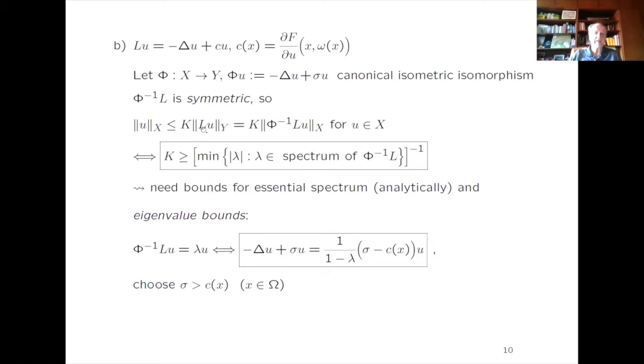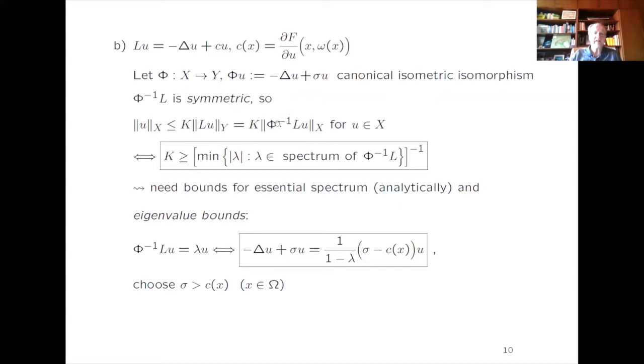transform our desired inequality in the way that on the right-hand side we introduce this phi inverse. Recall that phi is an isometric isomorphism. Isometric means it preserves the norm. So the norm of phi inverse Lu in X is the same as Lu in norm Y. So here we have now an inequality: the norm of u in X is less than or equal to K times the norm of phi inverse Lu in X. So that is an inequality with norm X on both sides.